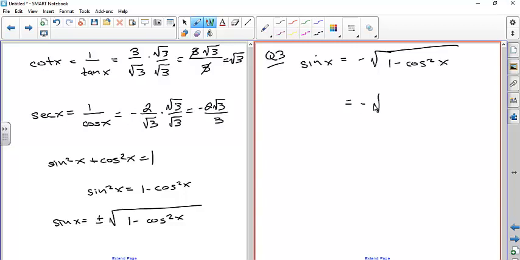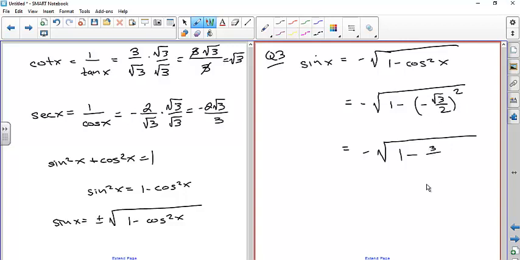So we get negative the square root of 1 minus the cosine, which is negative the square root of 3 over 2. We square that. So you get negative the square root of 1 minus, well, the squaring in the negative makes it positive. So we square the square root of 3, which is 3.